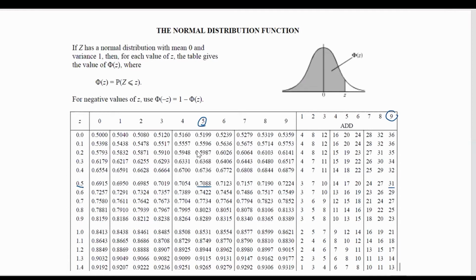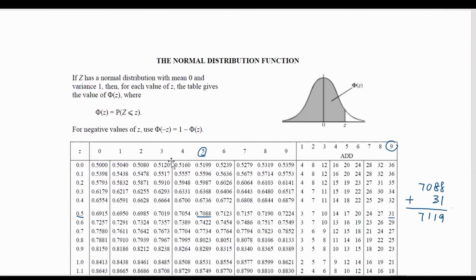So you can just take 7088 plus 31. And what do you get? You get 7119.